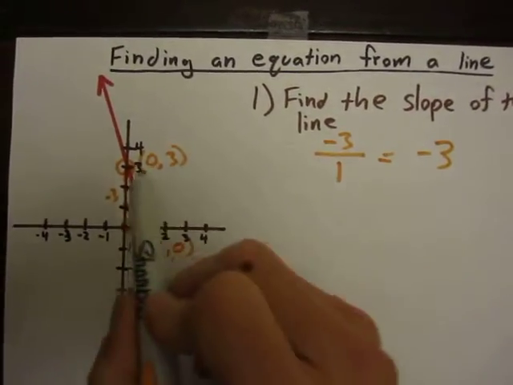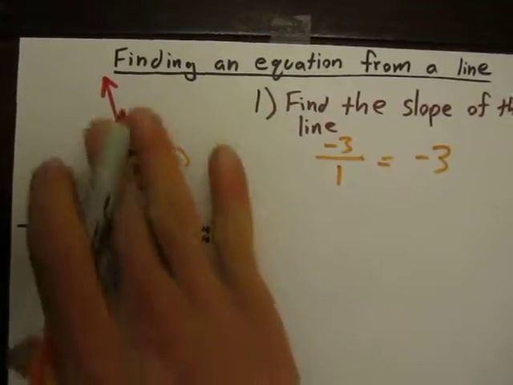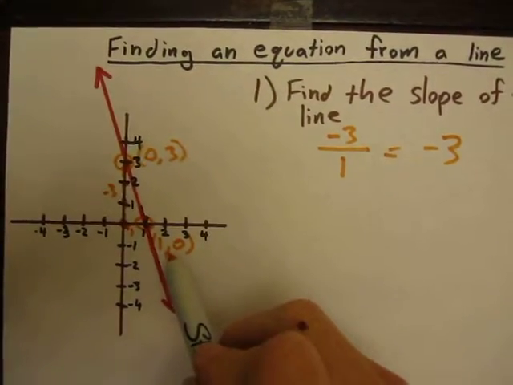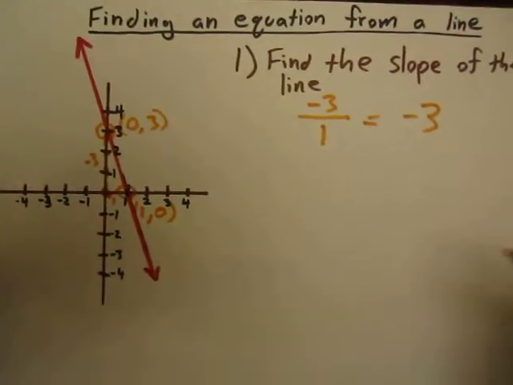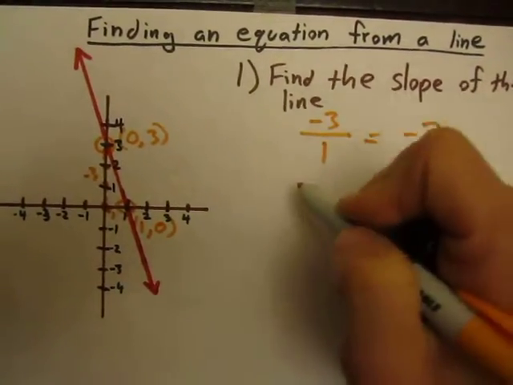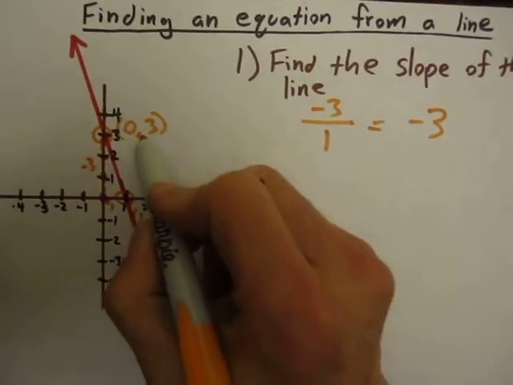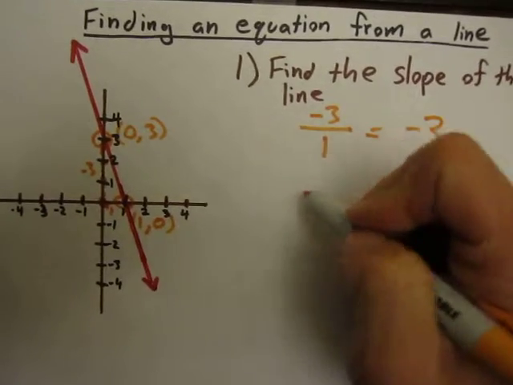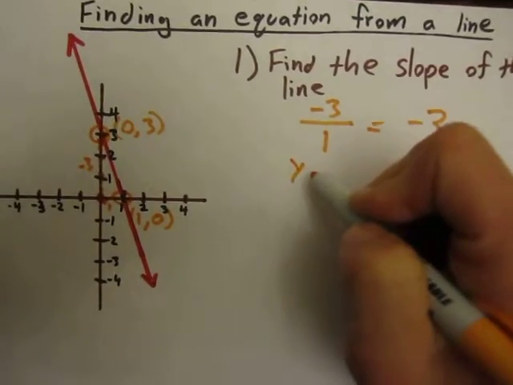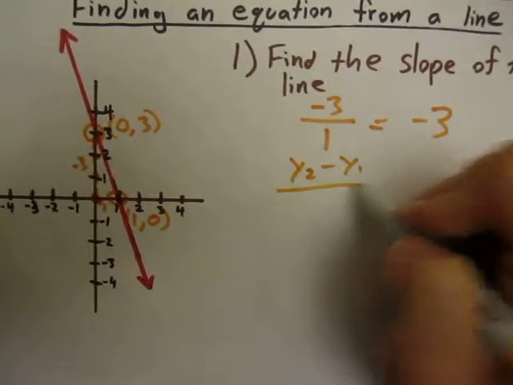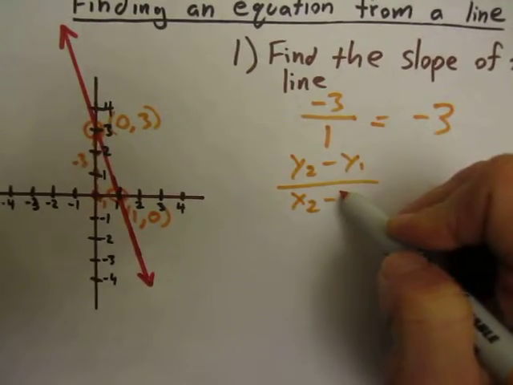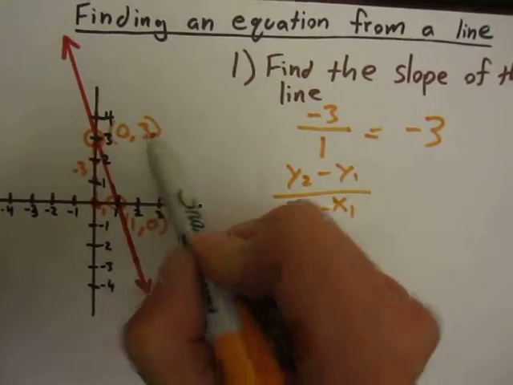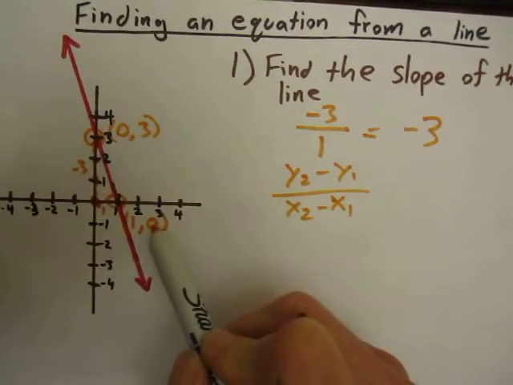Now, let's say you don't have this line, but you have 2 points. So in this case, we have our point 0, 3 and 1, 0. So let's talk about finding slope in that case. If we're talking about the change in these 2 points, we can find that using the formula y2 minus y1 over x2 minus x1. So notice that we're just talking about the difference between this y value and this.